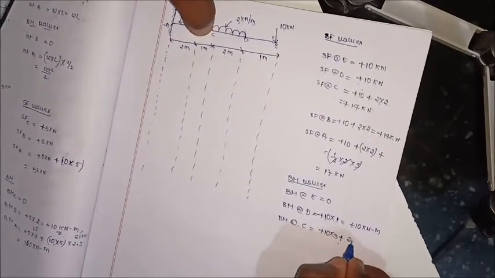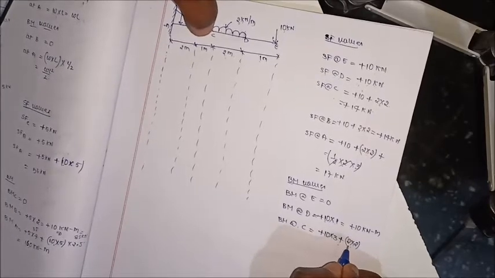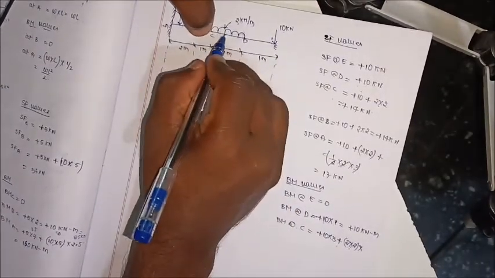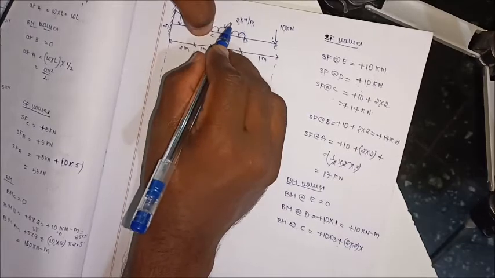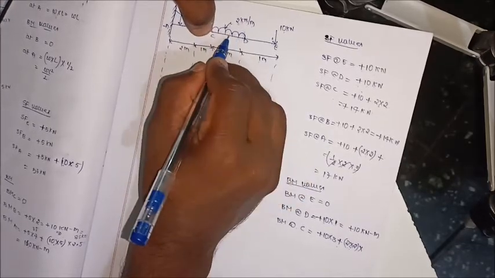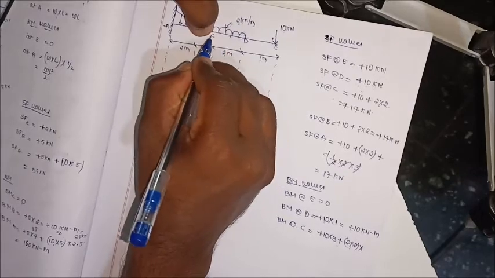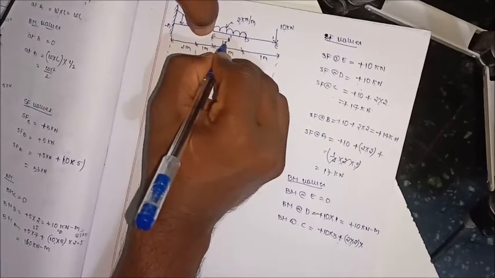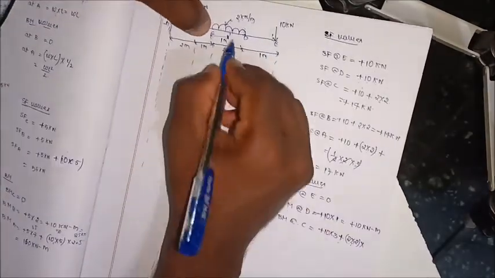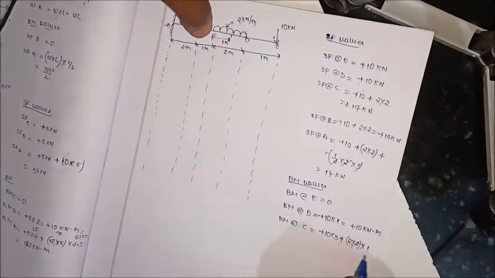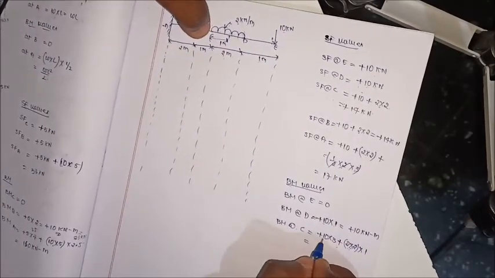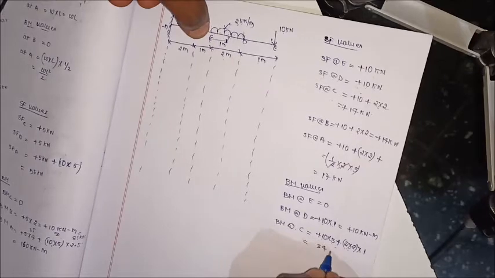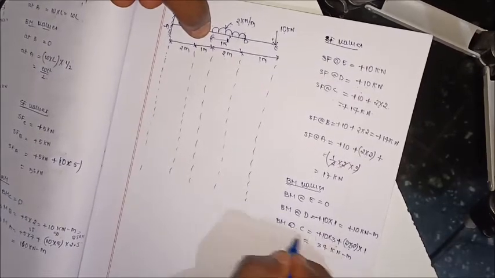The UDL load acts at its center, which is 1 meter from C, so the distance from the center of the load to point C is 1 meter. So the total moment at C is 10 into 3, which is 30, plus 4, which is 34 kilonewton meters. This is the bending moment at C.